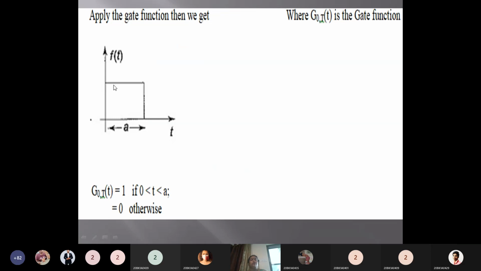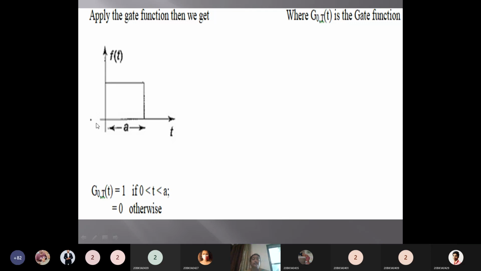Guys, if you are following, please tell me, or if you are not following also, just tell me. Are you following or not? It would be better to have the blackboard for this explanation. See, if you have the unit step function like this, let us imagine this is the y-axis and x-axis. The unit step function is 0 up to this point, then it starts like this and continues up to t equals infinity.